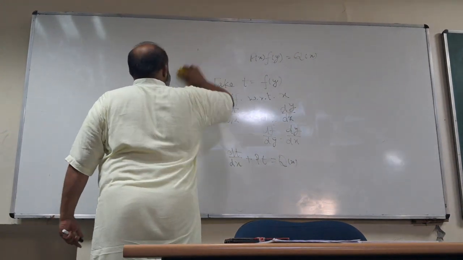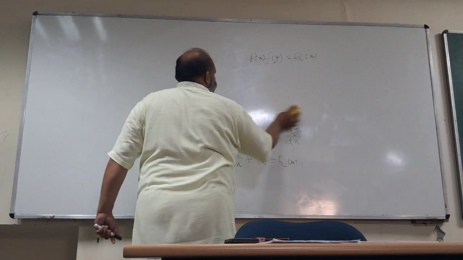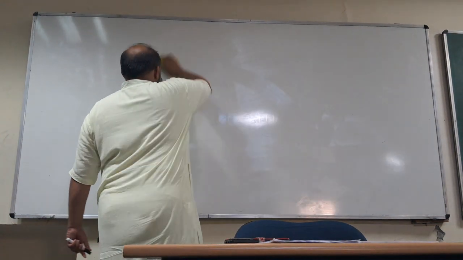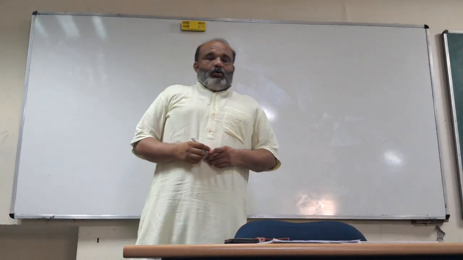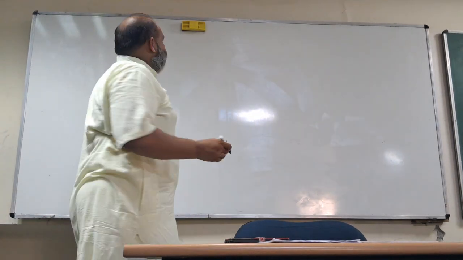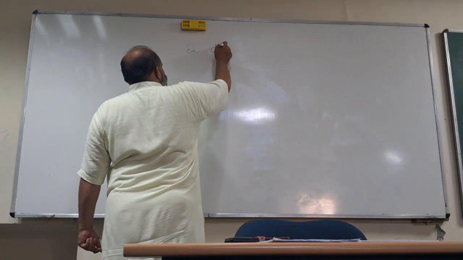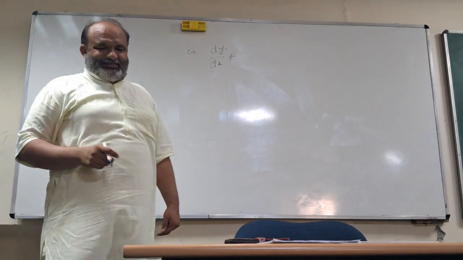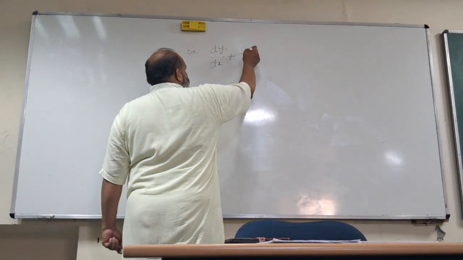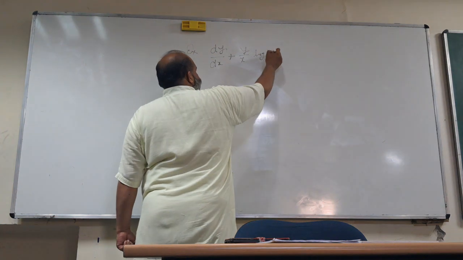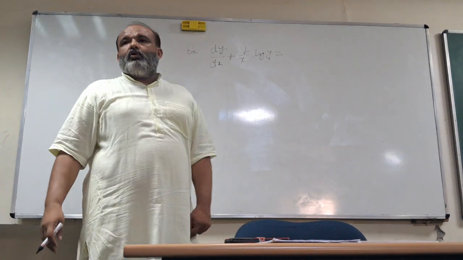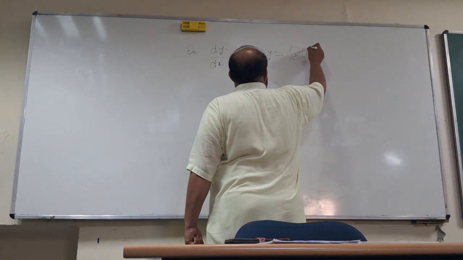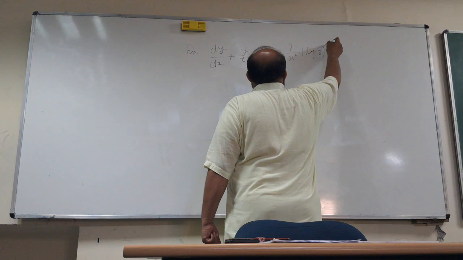Right. Let me have one example. Example: dy upon dx plus y upon x into logarithm of y is equal to y upon x square into log of y all square.